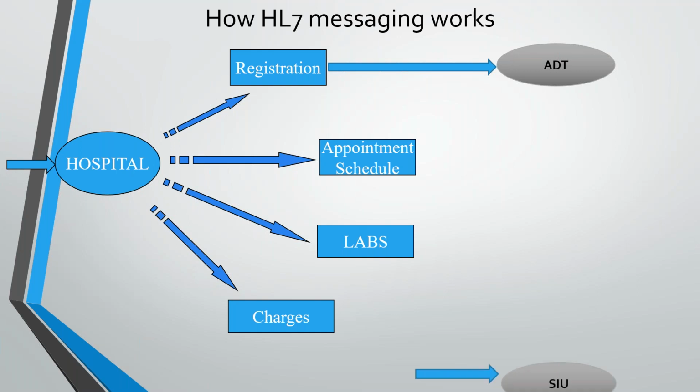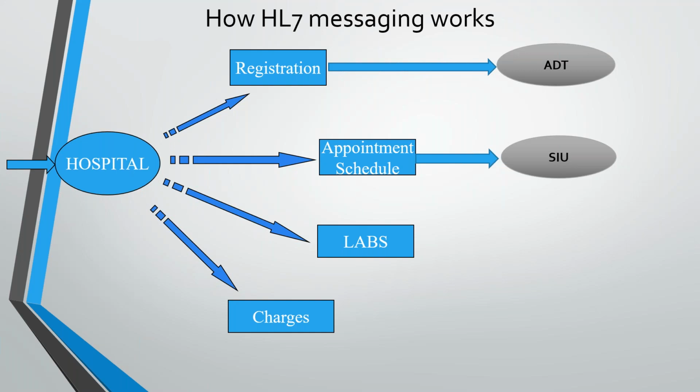Similarly, we have appointment scheduling, which is represented with the help of the code SIU. SIU means scheduling information unsolicited. Unsolicited, in the sense that it is a unidirectional message flow, to keep it simple. We can say that it doesn't expect any pairing response from the destination system.